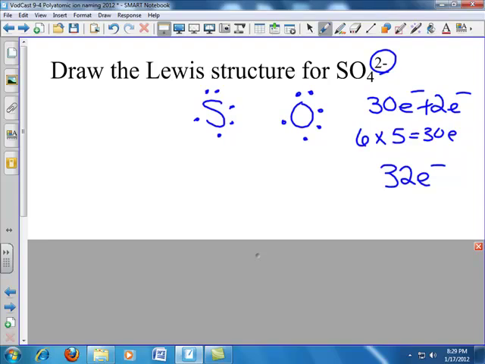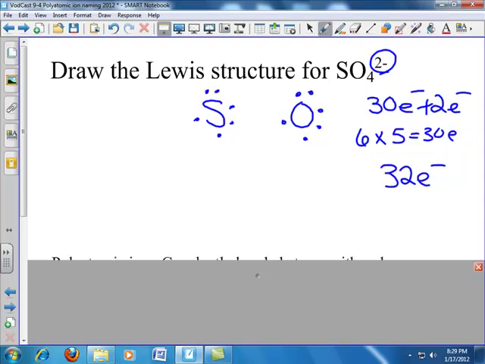Well, that's kind of nice because 32 is divisible by 8. So what I could do is take sulfur and its 4 sides, and I could put 1 oxygen up here with its 6 electrons, and 1 oxygen over here with its 6 electrons.